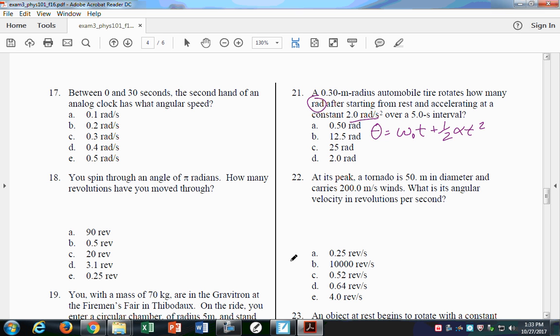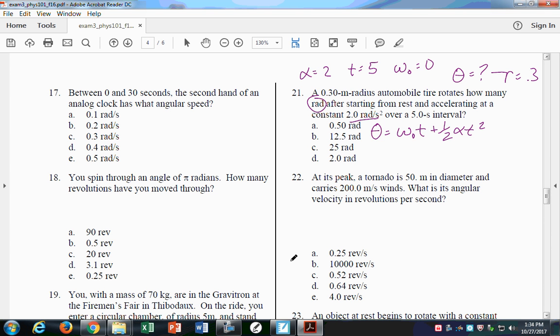I'm sorry, first what I would do is write down everything that I know. I know that alpha is equal to 2, t is equal to 5. I know that omega naught is equal to 0, and I want to know theta. I also know that r is equal to 0.3, but it turns out I don't need to know r. It's not important for this problem.